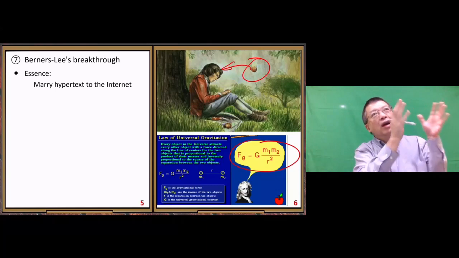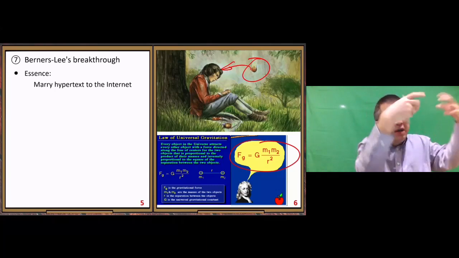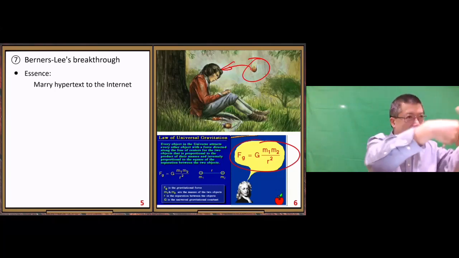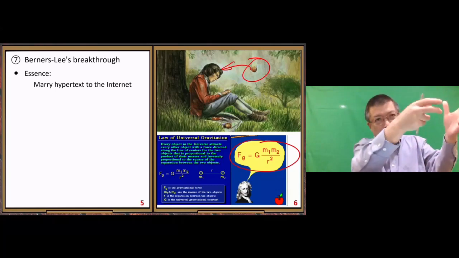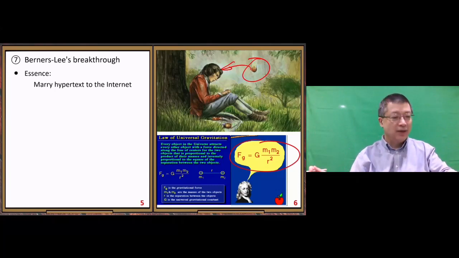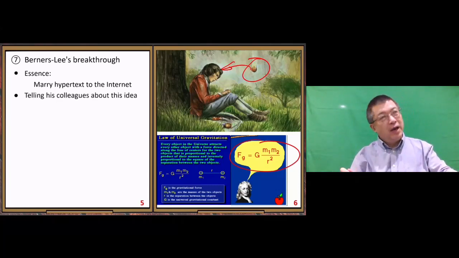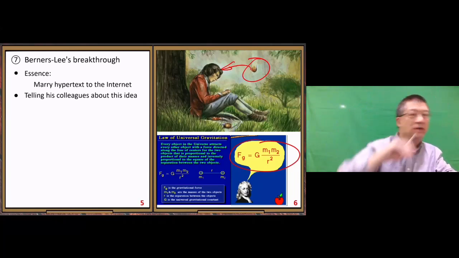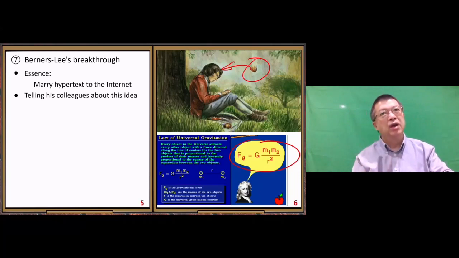Now, how to combine that hypertext, the reference, the hyperlink, connecting to the reference with one click, to the internet? He needed a lot of help from the community, people nearby. He tried to talk to many of his colleagues, but the response was not very warm. Most people just ignored it.